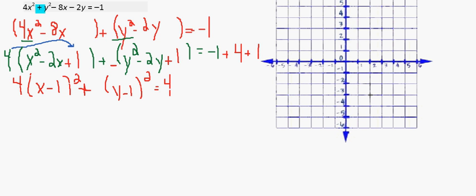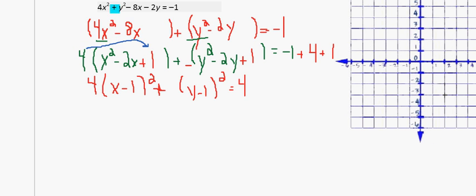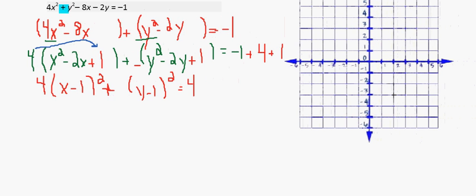Okay, and last step, remember on all the ellipses and the hyperbolas, we want a 1 on the right side of the equation. So I want to go ahead and divide everything by 4. So what that would give me here, if I divided this side by 4, the 4 would simply cancel out. If I divide the y minus 1 squared by 4, that gives me a 4 in the denominator.